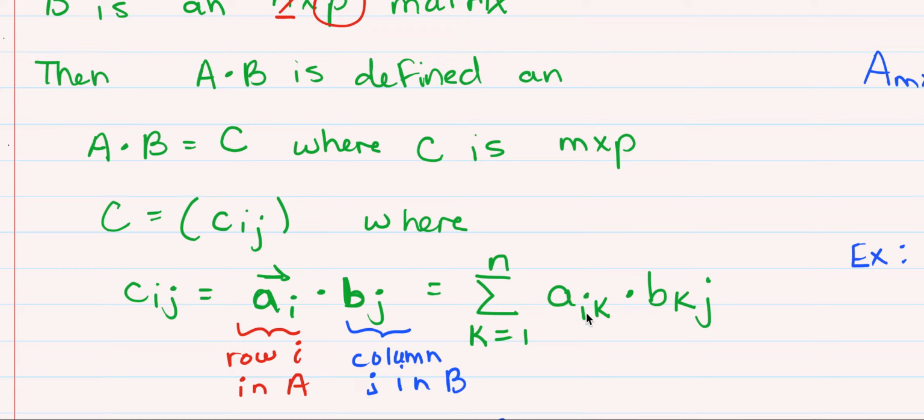This I is going to be 1, and column 1, that's the J here. Then we're going to sum up just like we did a few minutes ago. When we take row 1 with column 1, we take the first entry in the row with the first entry in the column, and then add it to the second entry in the row times the second entry in the column. I'm going to work through this.